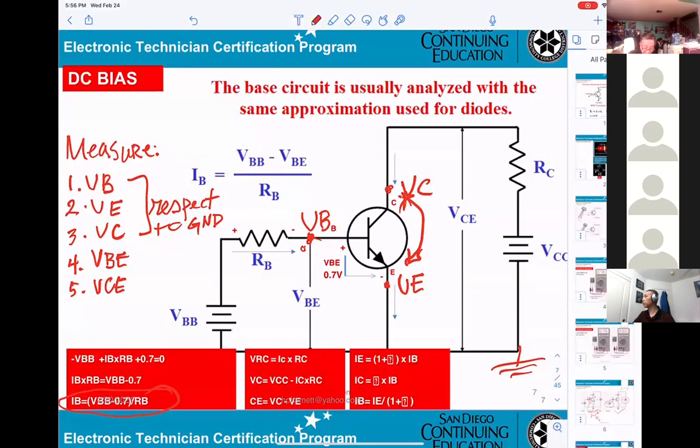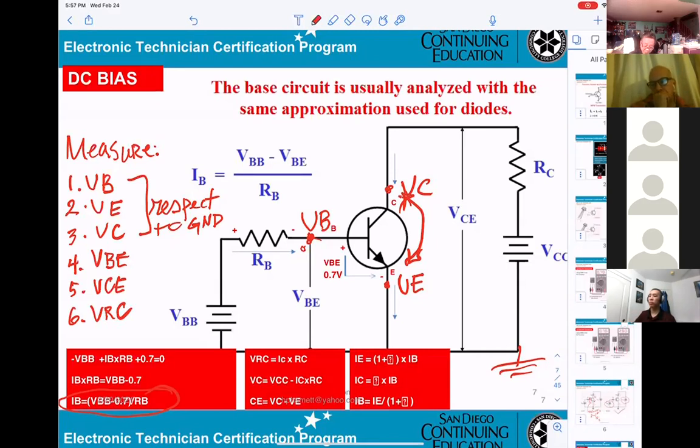So if I want to measure VRC, how? High side to VCC, low side to C. How do we measure the voltage across RC?